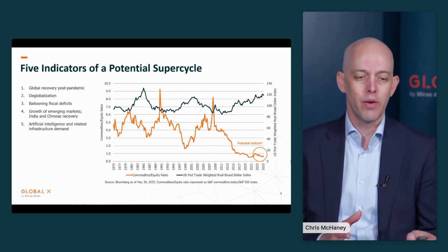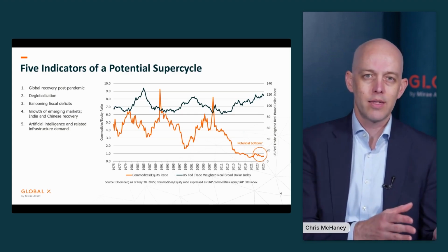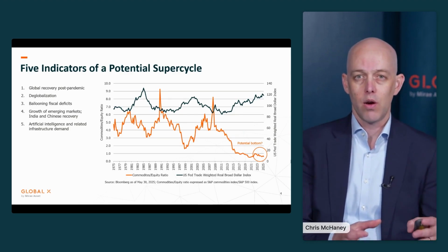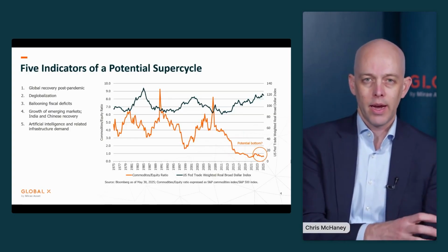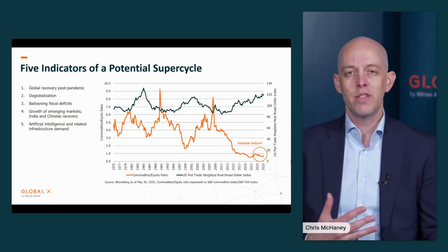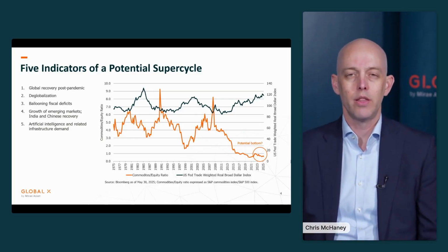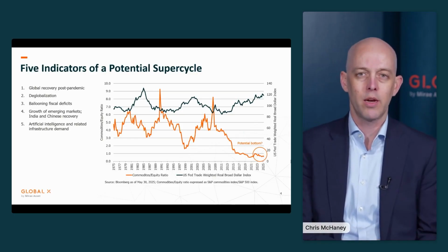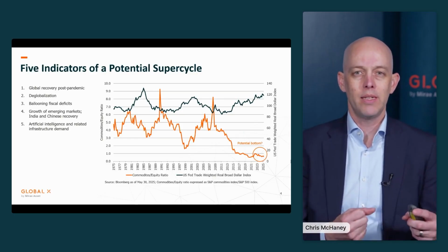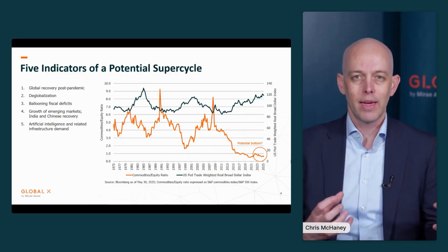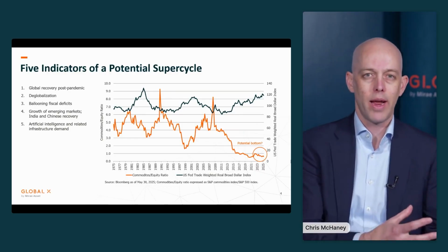The last thing I'll point out on this slide is that the last time we saw the commodity to equity ratio as low as it is now was in the late 90s and early 2000s, that dot-com bubble. A lot of similarities to what we see in the market today. I'm not comparing today's tech companies to the dot-com tech companies, but really what it means is investor capital gets sucked up in the hot area of the moment.